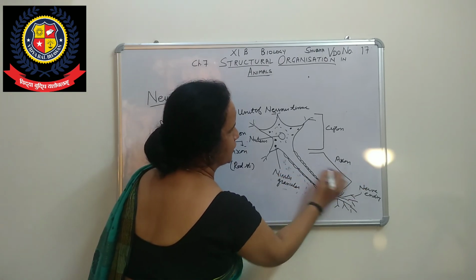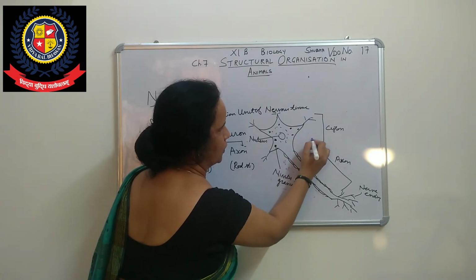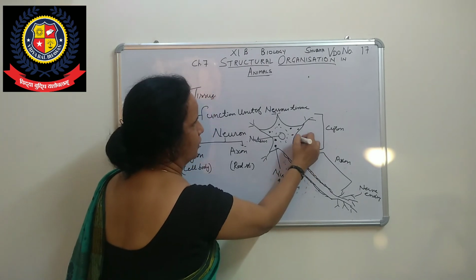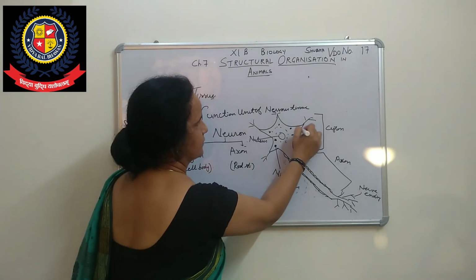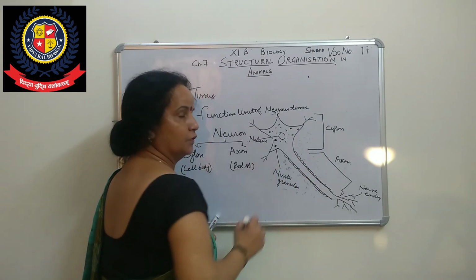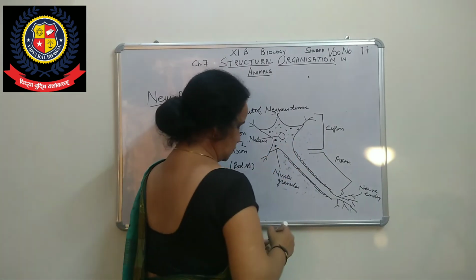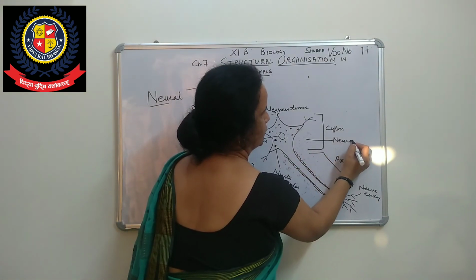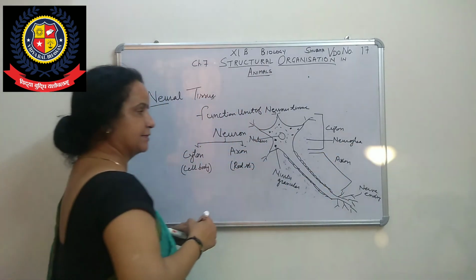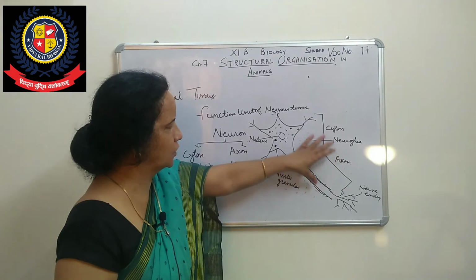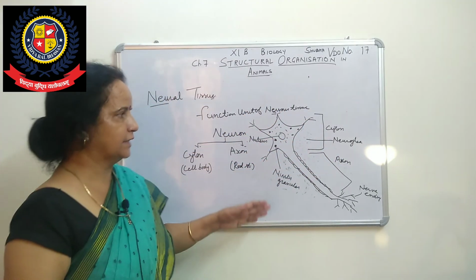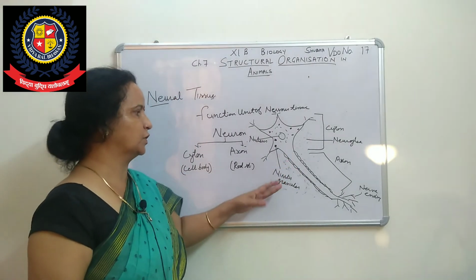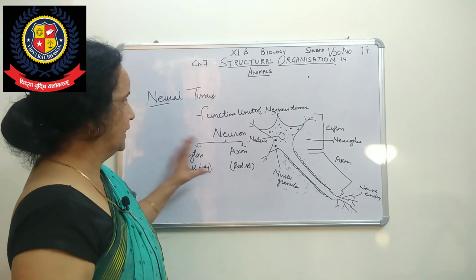These are the supporting cells surrounding the neuron, and this type of cell is called neuroglia, which are supporting. Neuroglia or neuroglial cells. All these are neuroglial cells around it, and they are supporting the neuron. It is given in your book also. Just see the diagram also.